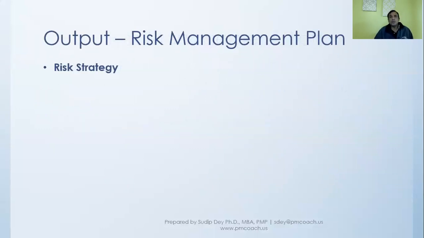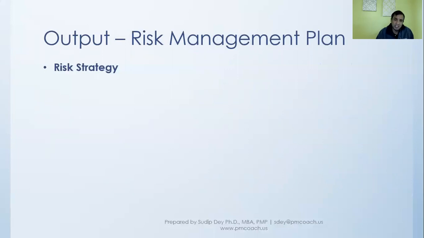When we go through that risk management, we go through different kinds of data analysis and interviews, and actually produce this risk management plan. So what will this risk management plan have? It will consist of some or all of these points that we are going to talk about.